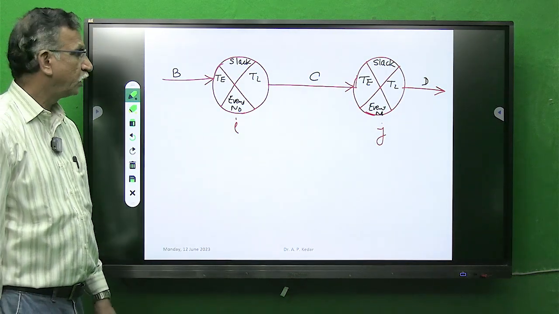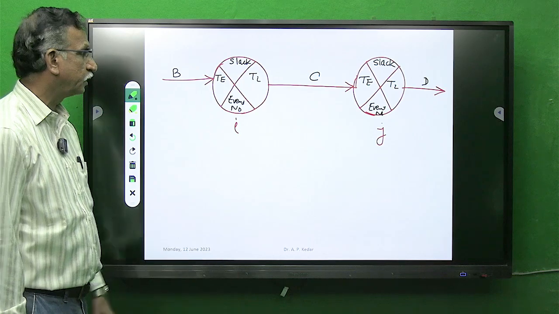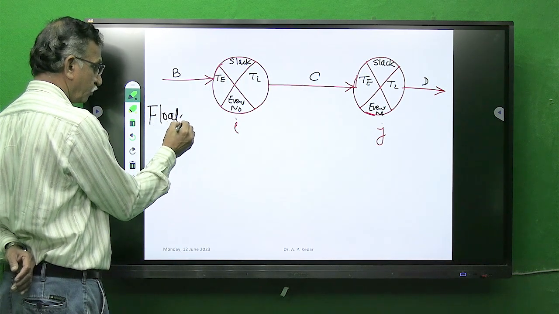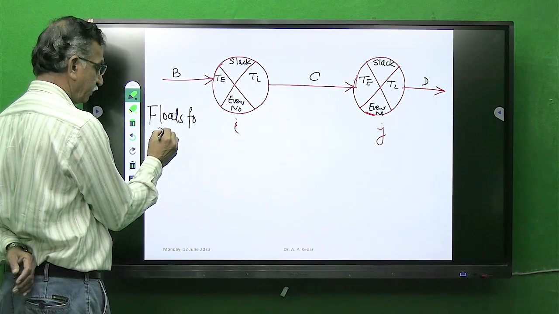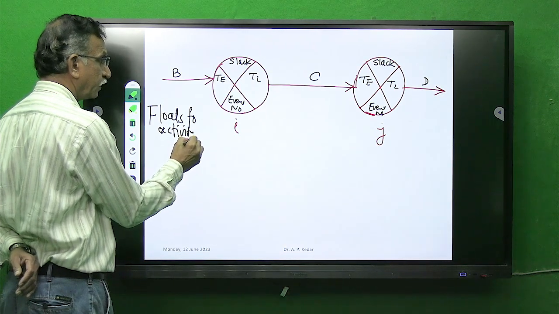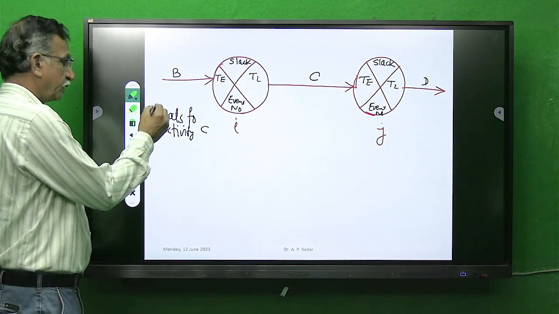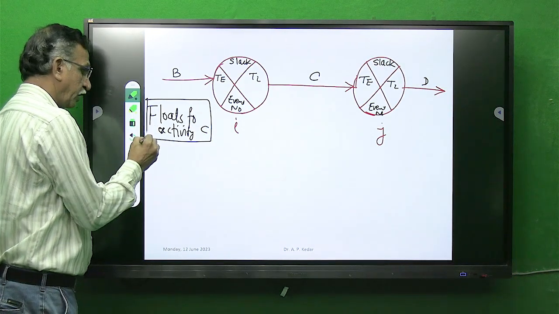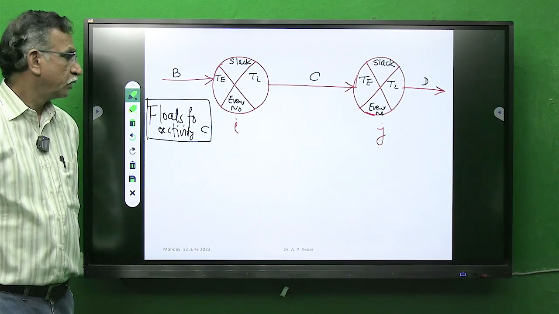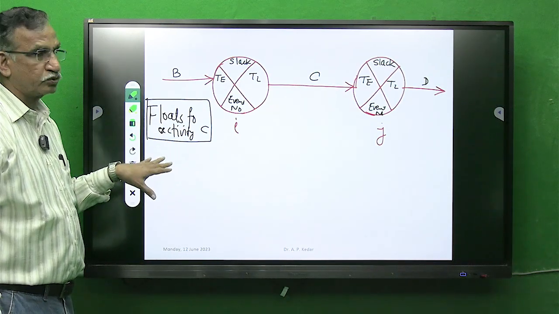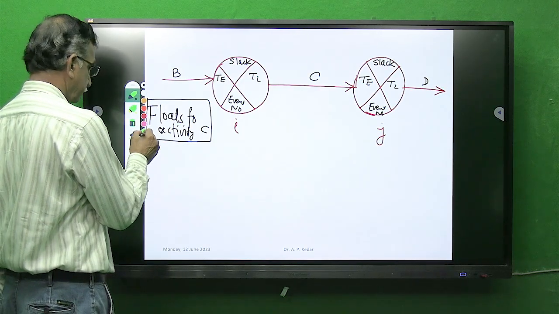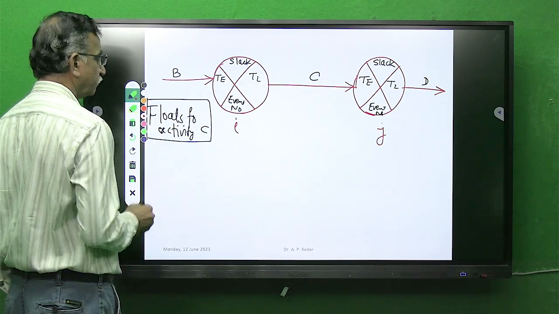And now we are interested in calculating the value of floats for activity C. Our exercise is for understanding the types of floats and the values for various parameters of floats for activity C. Hypothetically, suppose I give some values.